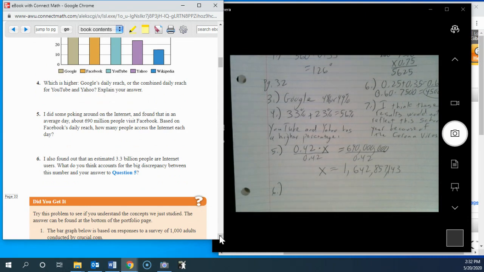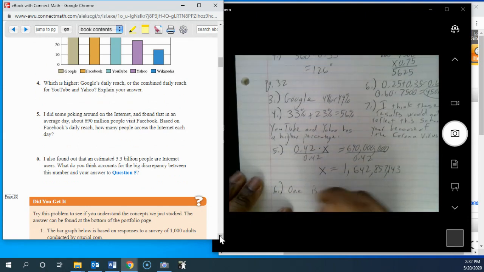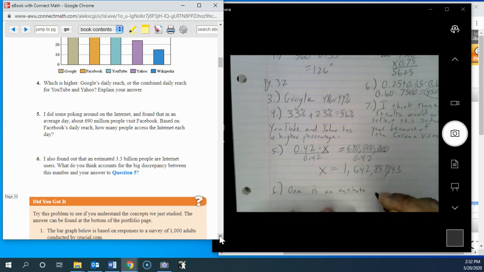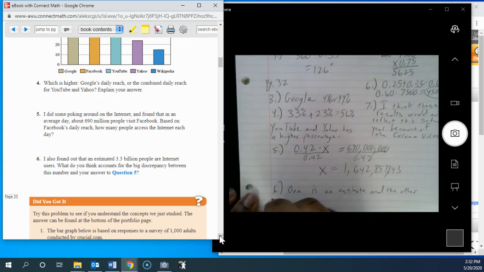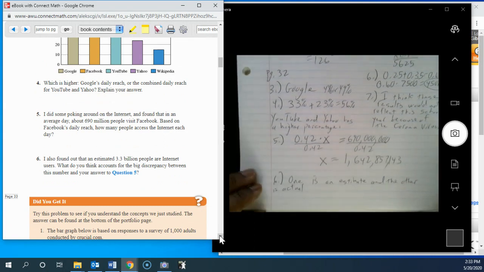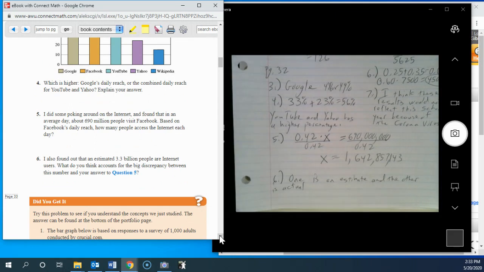There's a variety of answers you could give, but you can just say one is an estimate and the other is actual. Because remember, when we did the Facebook analogy, we were doing an estimate. And they told you that it was an estimate. Okay.